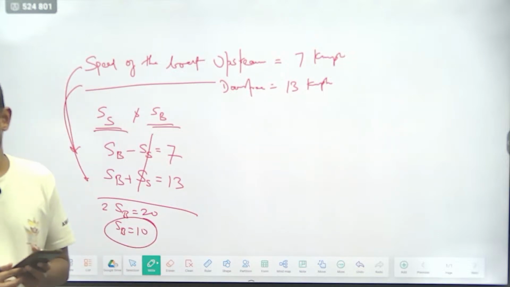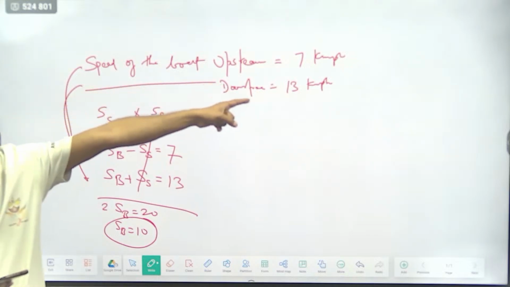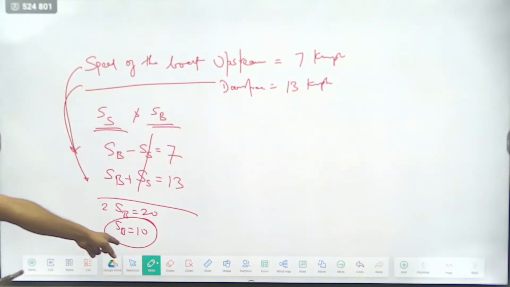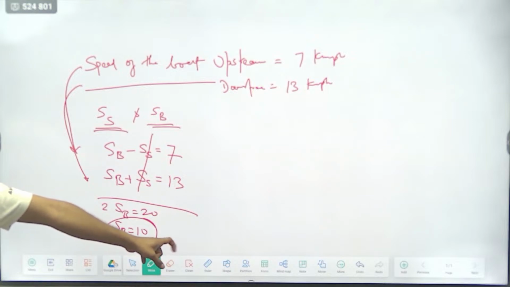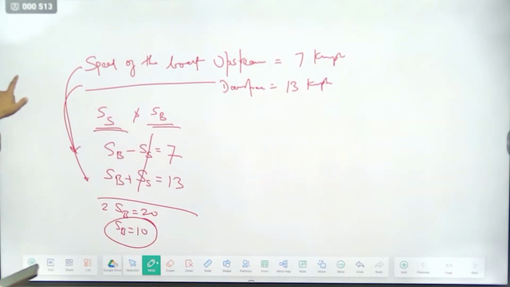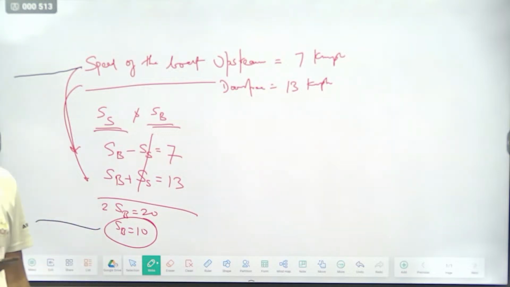One more thing over here. I've written speed of the boat upstream, and over here I've written speed of the boat is 10. Don't you think these are two different things?